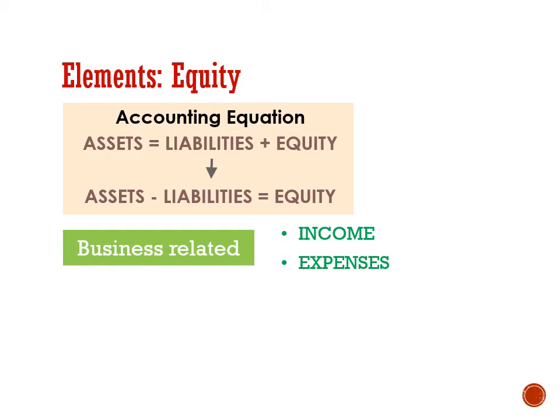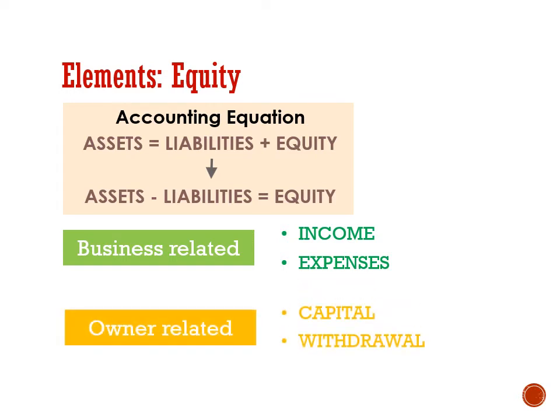Income and expenses, representing the transactions between the business entity and external parties like customers and suppliers of goods, and also transactions within the business itself, like with its own employees, such as when salary is paid. While capital and withdrawal represents the transactions between owner of the business and the business entity.